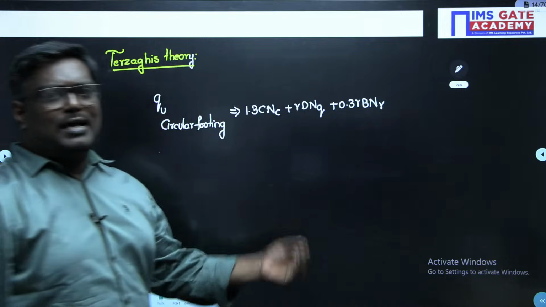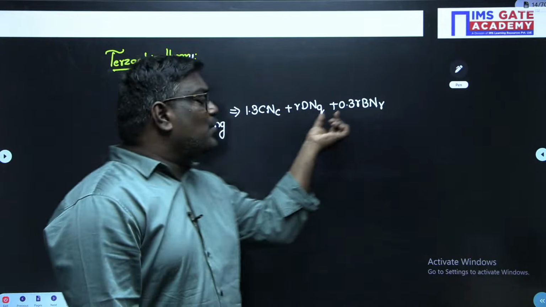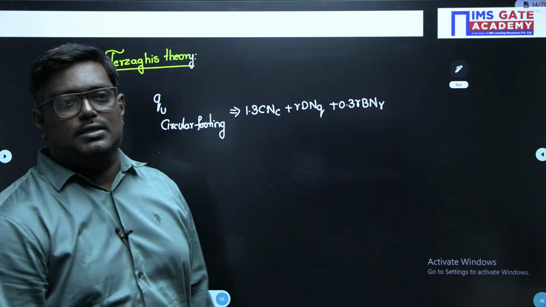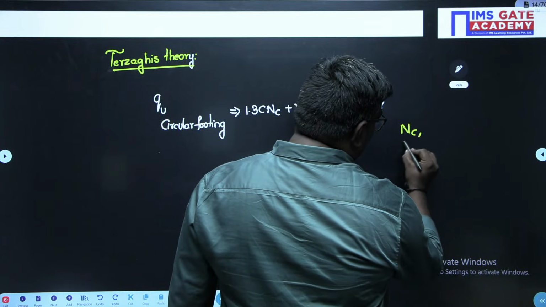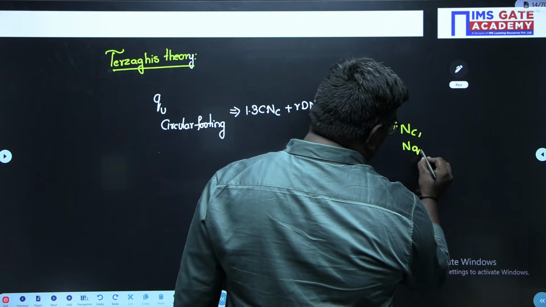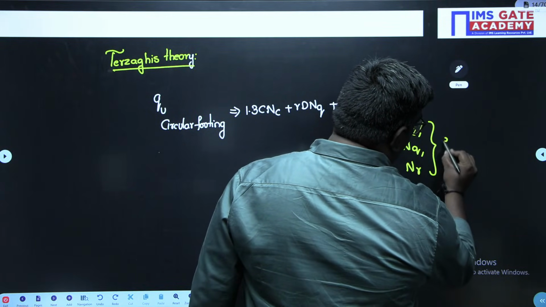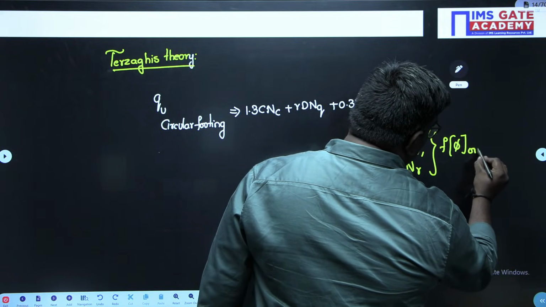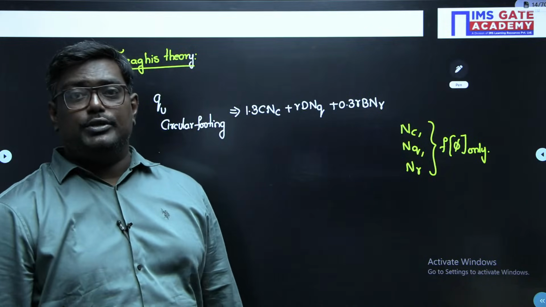If anyone asks you what are NC, NQ, N gamma, they are called Terzaghi bearing capacity factors. And remember, my dear students, NC, NQ, N gamma are functions of the angle of internal friction only. Now, they might ask you one important question.